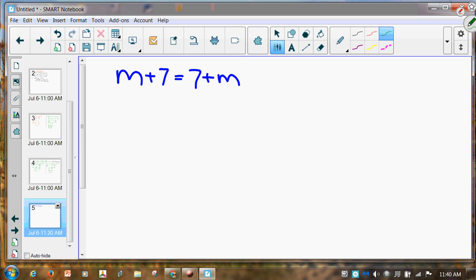If we subtract m, let's collect the m's on the left, so we're going to subtract the m over here, and that would leave us 0 over here, and guess what? It leaves us a 0 over here, and we're left with 7 equals 7, which is true.